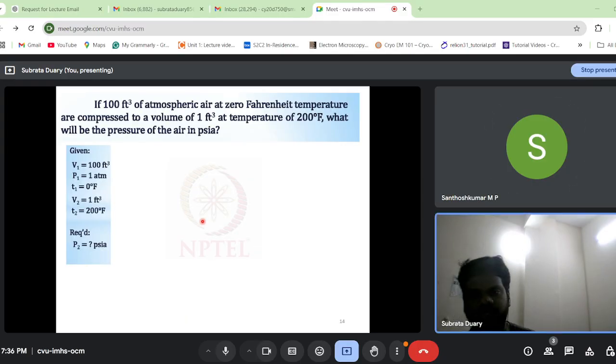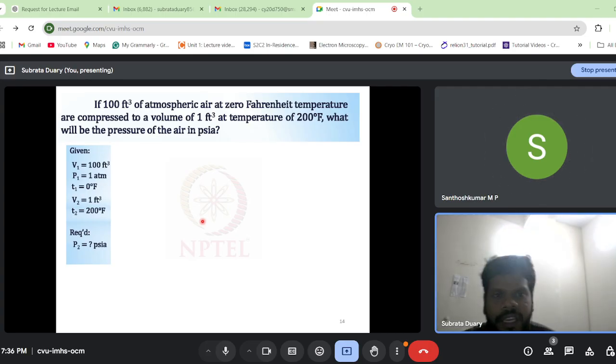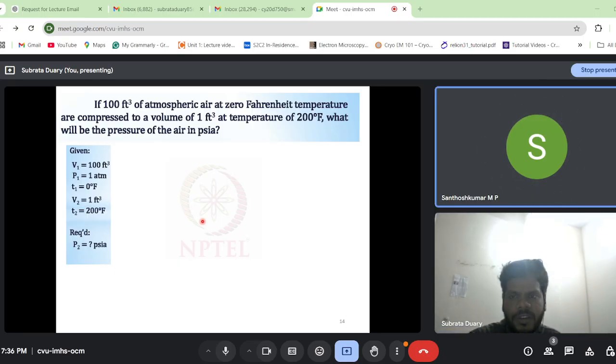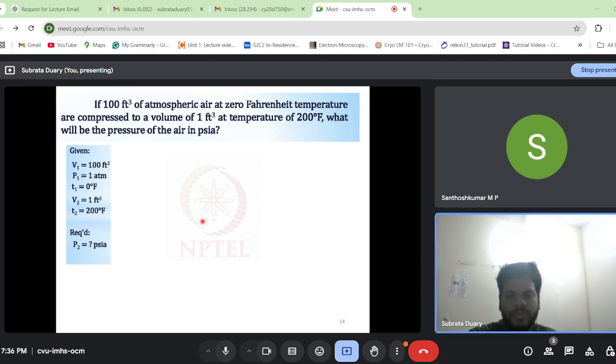Now this is the first. If 100 feet cube of atmospheric air at 0 degrees Fahrenheit is compressed to a volume of 1 foot cube at a temperature of 200 degrees Fahrenheit, what will be the pressure of the air in psi?